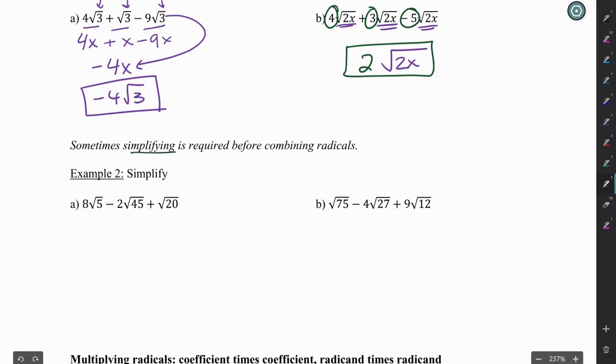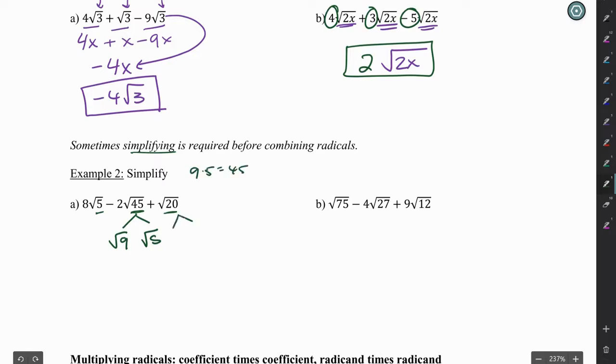Sometimes you have to simplify before you can combine radicals. If we look at this example, I have 8 root 5, 2 root 45, and root 20. They are not like radicals, so I can't do anything with them the way they look right now, but maybe I can simplify. 45 would be the square root of 9 times the square root of 5, because 9 times 5 is 45.